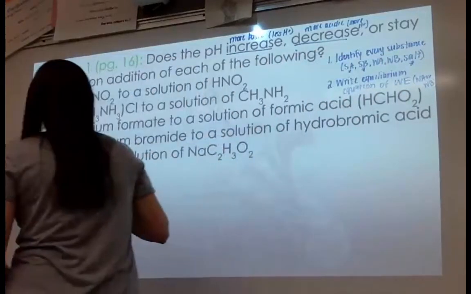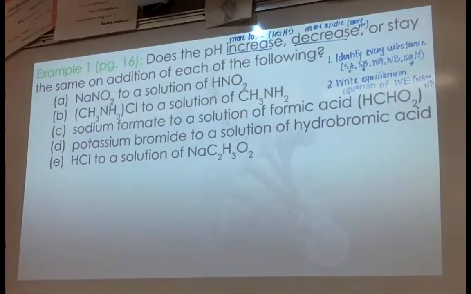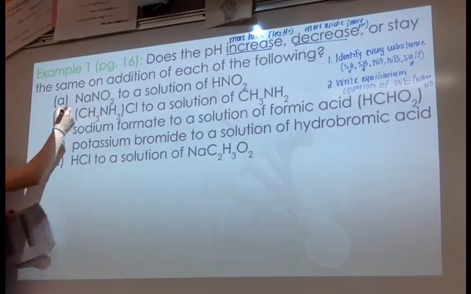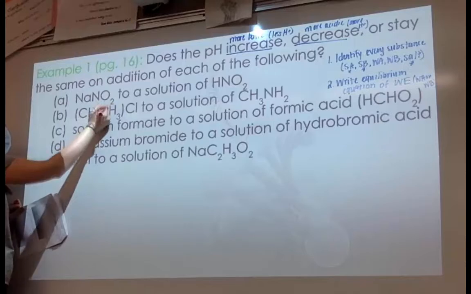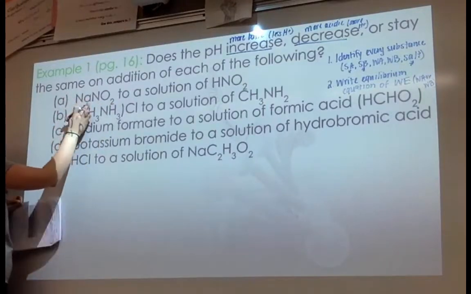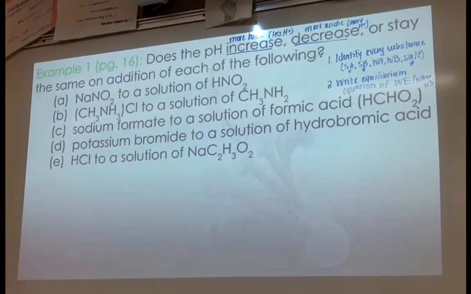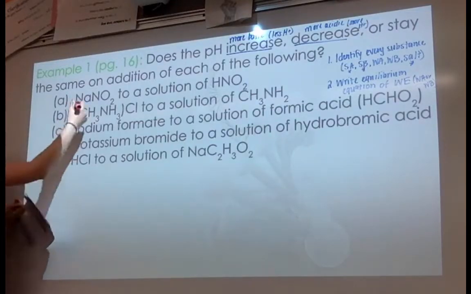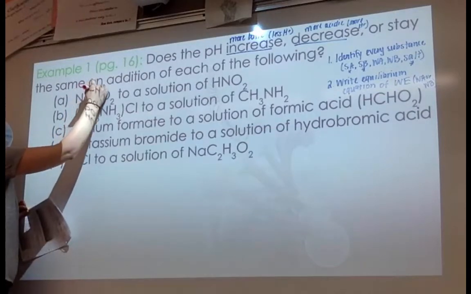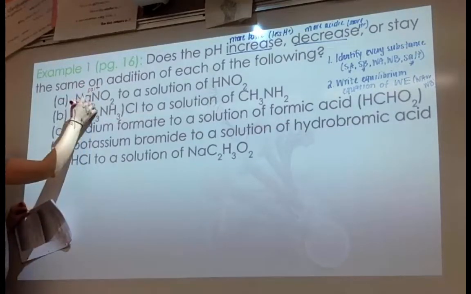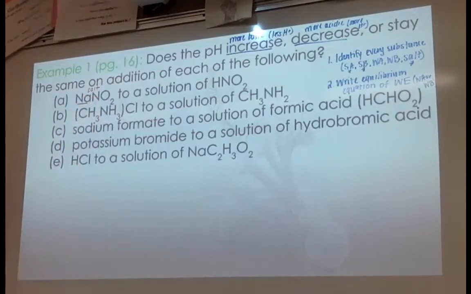So if we start with part A, I'm going to start just by identifying the substances. NaNO2. Well, I notice I have sodium nitrite. It's not an acid, it's not a base. This is a salt. It's a salt because we have sodium with a polyatomic ion.